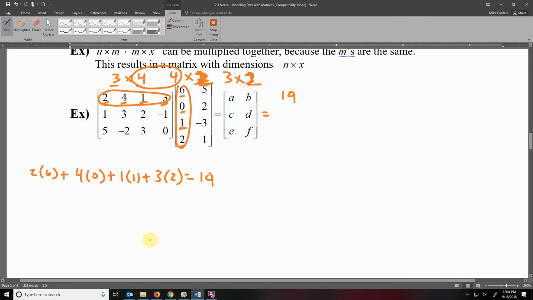Okay? Then I'm going to multiply that same first row by the second column. So I've got 2 times 5. Then 4, so I go over and down, 4 times 2.